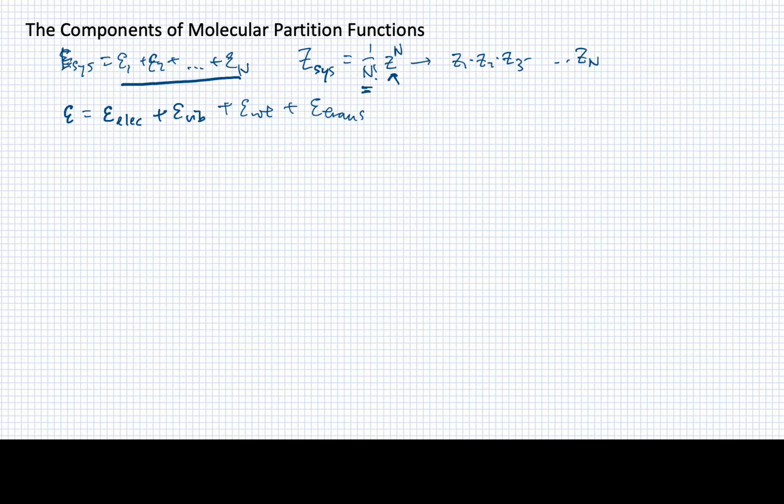So when I write an expression like this for the molecular partition function as a summation over all of the states, and this is just our generic expression for that partition function, I'm now going to write this molecular energy in terms of all of these different pieces. I'm also going to write this summation over states by summing over the actual quantum numbers that each of these energy levels might represent.